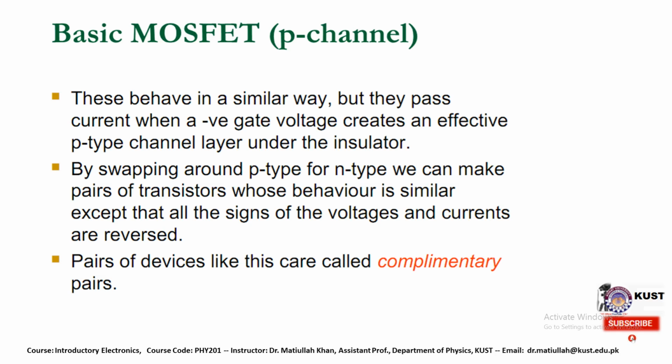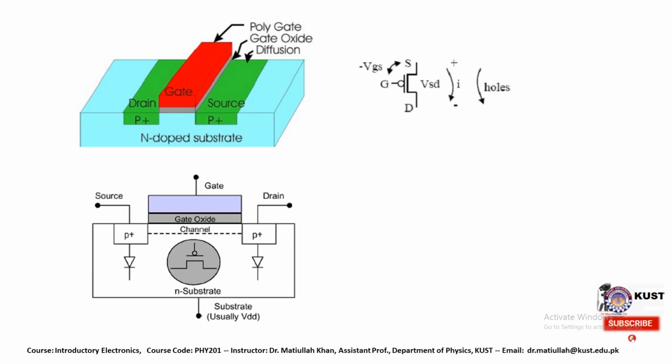A pair of devices like this are called complementary pairs. So we can also create pairs with the help of this type of combination of transistors.